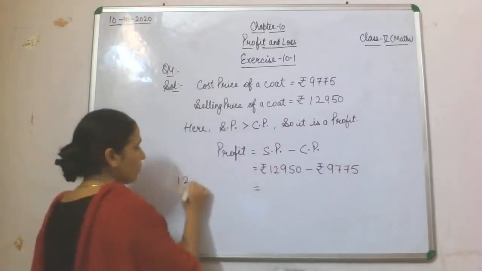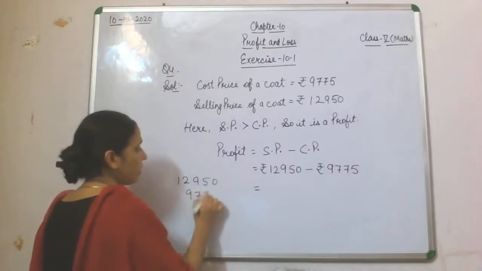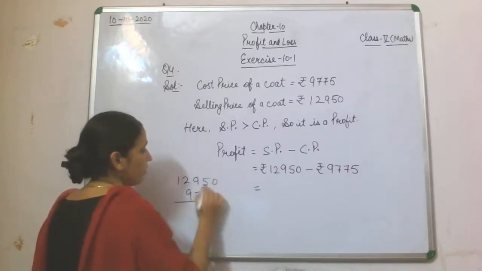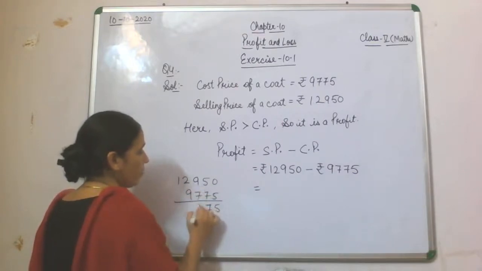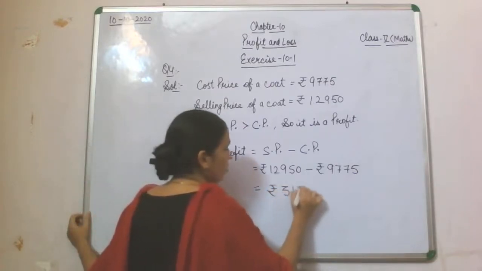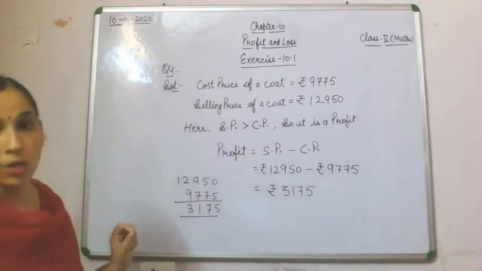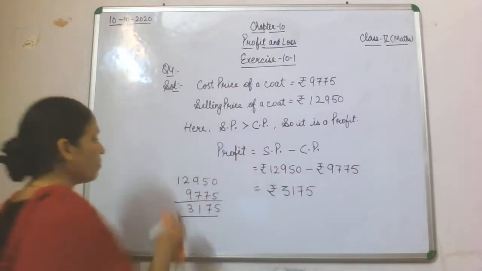So we'll do the subtraction here. 9,775, 5, 14 minus 7, 7, 1, 3. So here the profit is rupees 3,175. This will be the profit. Now at last what you will write?